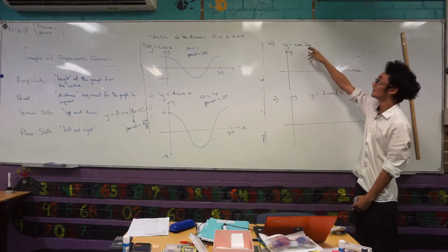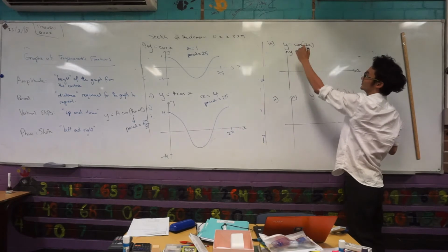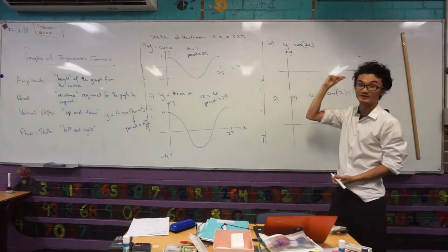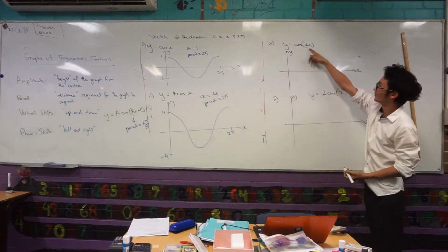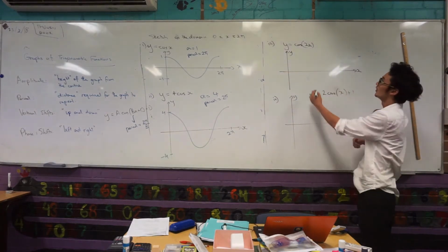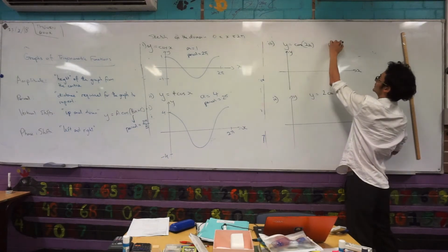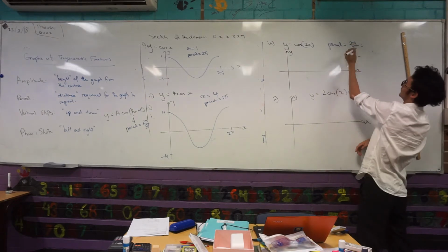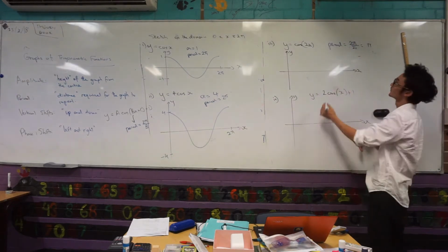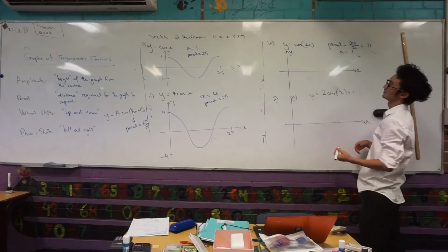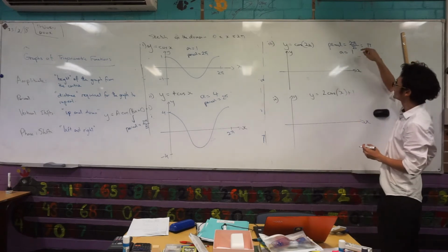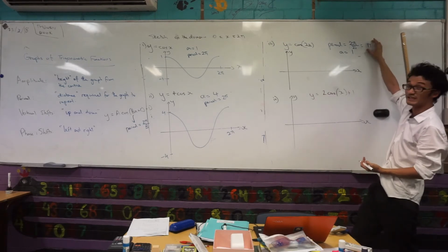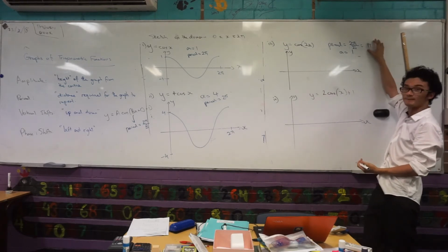Unlike this though, when I've got some manipulations inside the bracket, then I need to think about the period there. When I've got a coefficient of 2, what that means is my period is going to be equal to 2 pi on 2, or those 2's we just divide through, I just have pi. My amplitude is going to stay the same though, that's just 1. So, what does a period of pi mean? Well, it means that I expect my graph to repeat at a distance of pi.